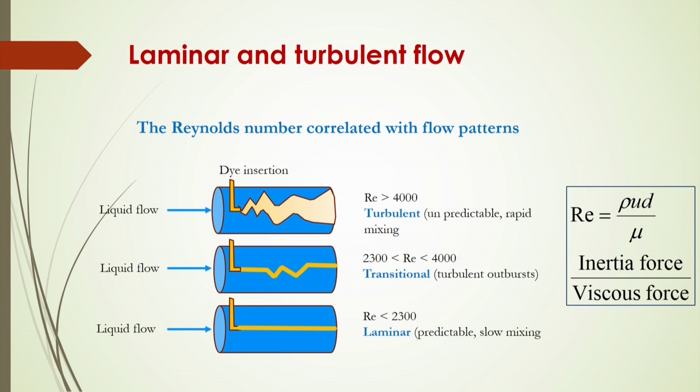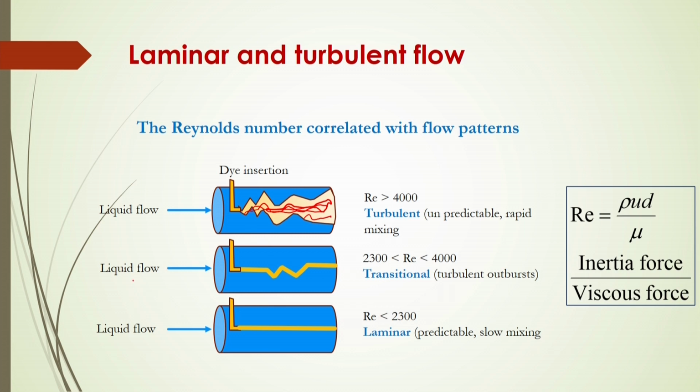Consider this diagram: if we inject some dye, represented by this yellow color, then as it flows through the stream, you will see the dye particles moving haphazardly like this. This is turbulent flow.